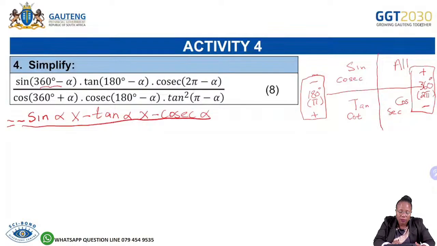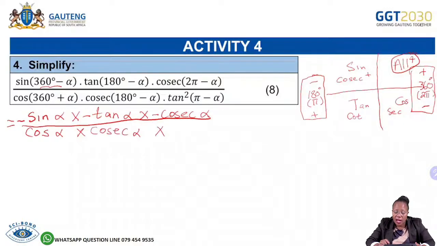Okay. And then now 360 plus alpha, that is quadrant 1. And all ratios are positive in quadrant 1. Therefore, cos will be cos alpha, positive. Multiply by 180 minus, quadrant 2, cosec. Yes, cosec is positive in there. That means it will remain positive cosec alpha.